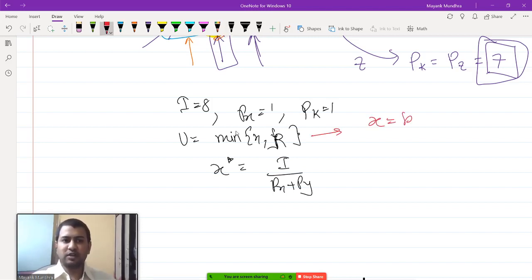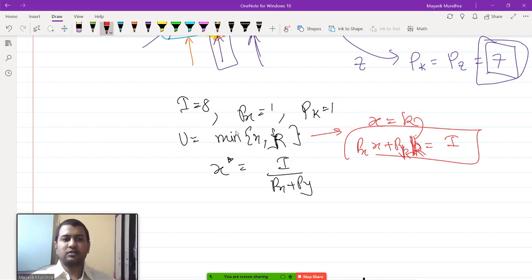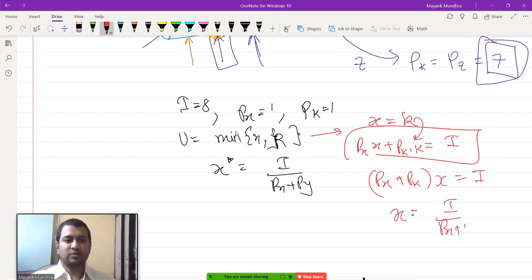First, x should be equal to K. Second, px times x plus pk times K should be equal to I. Substituting this here, you will get px plus pk times x is equal to I, which implies x should be equal to I by px plus pk.